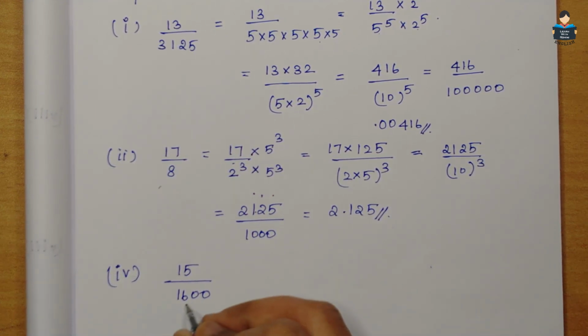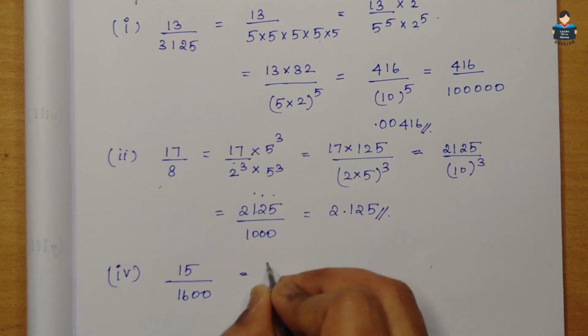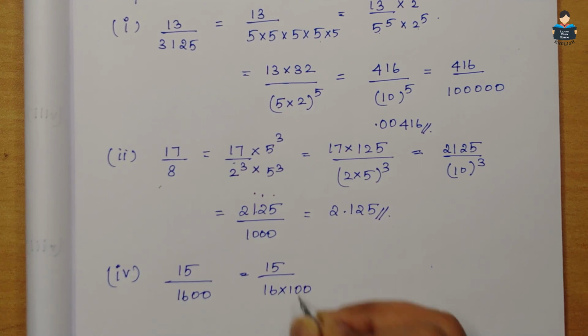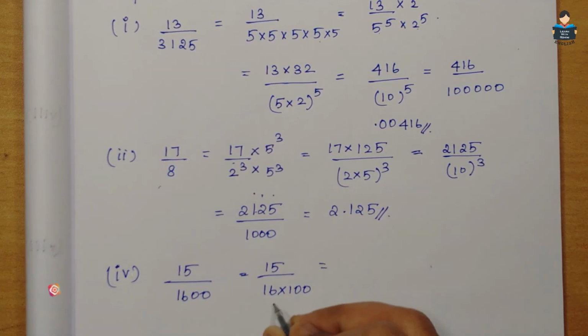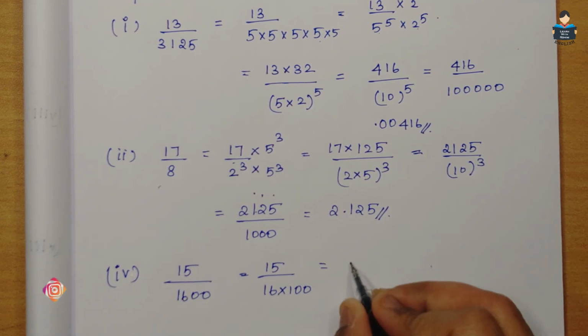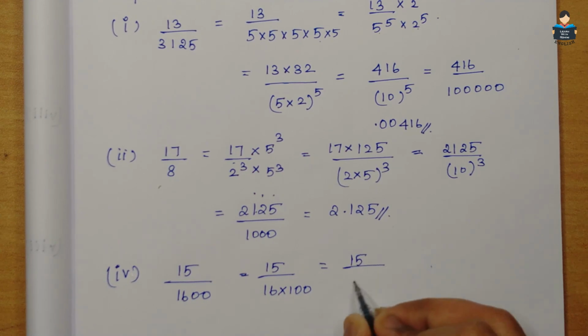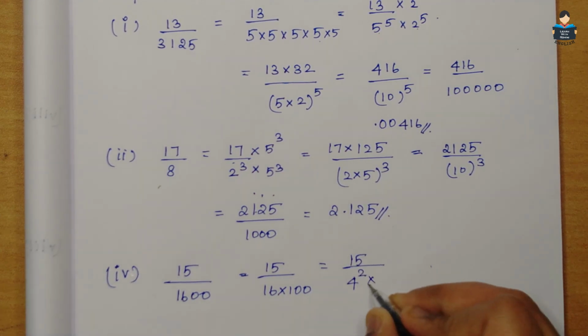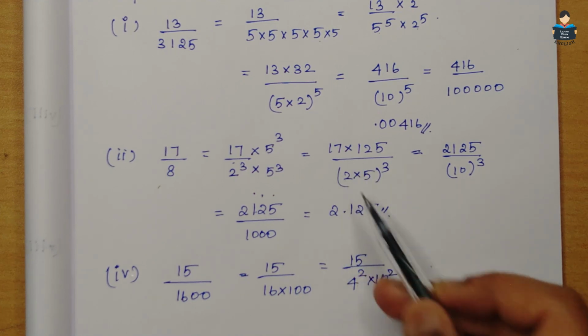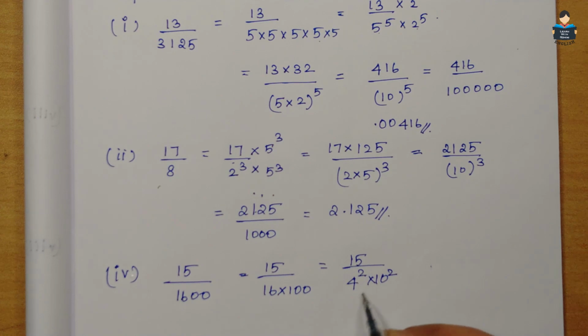In the fourth subdivision, they have given 15 by 1600. So we can write 1600 as 16 into 100. 16 is a perfect square, that is we can write it as 4 square. So 15 by 4 square into 10 square. But we want the denominator value in terms of 2. So I am going to write this 4 square, that is 4, in terms of 2.